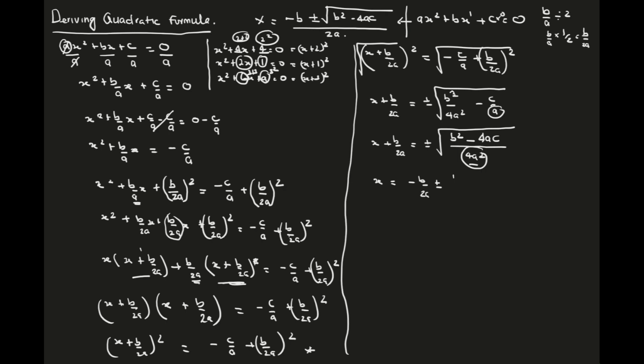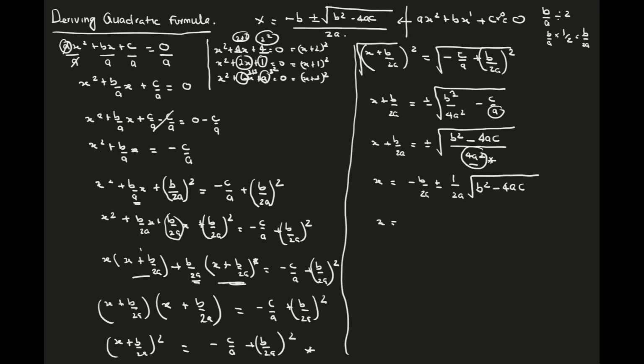So we have plus or minus 1 over 2a. Then we have the square root of what remains inside, which is b squared minus 4ac, because the 2a is what has come from here. Right, so we simplify further.